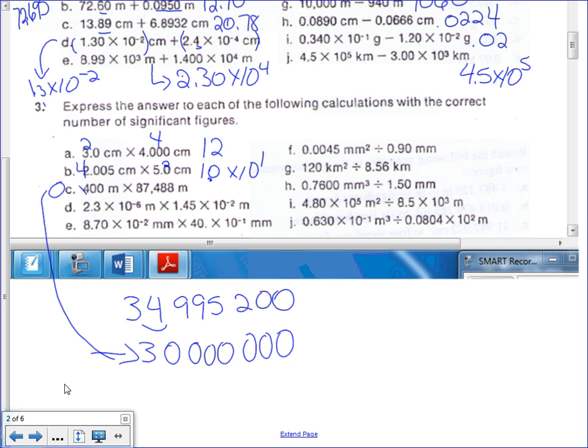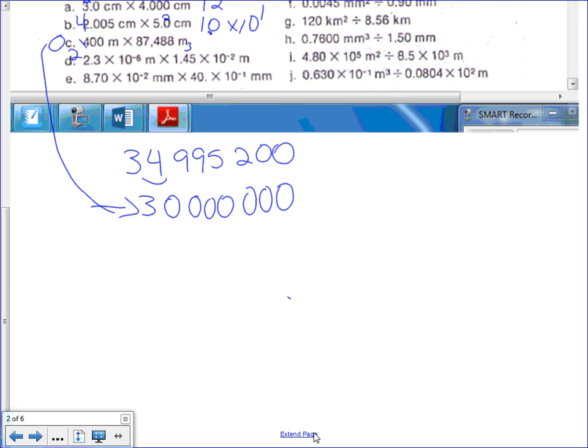All right, letter D, 2.3, that's 2 significant figures. 1.45 is 3 significant figures. So remember to use parentheses when you're doing scientific notation. You're going to put this in your calculator and get an answer. You should get 3.35 times 10 to the negative 8.